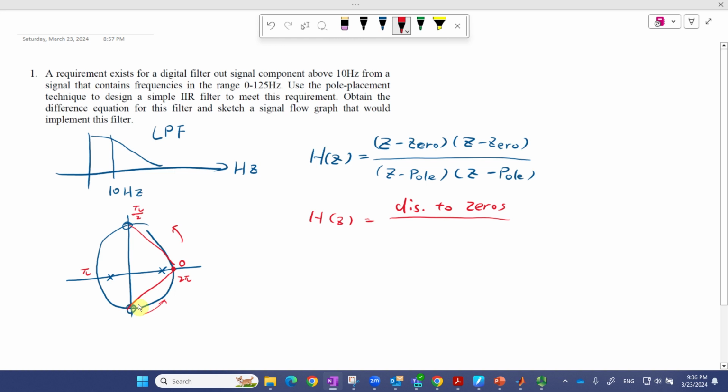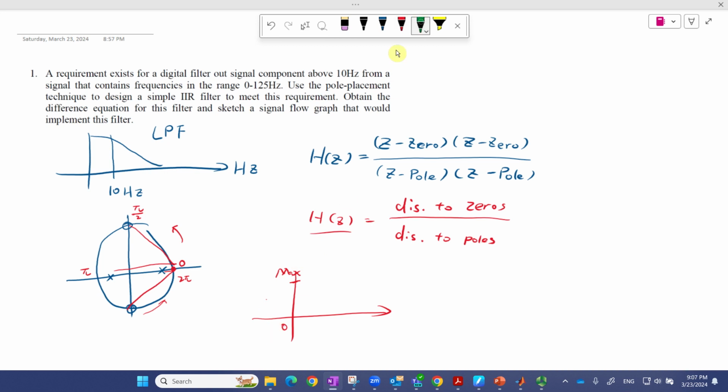The distance to zeros is this. It's pretty large, and it is divided by the distance to poles. The pole is closest here. So at this position, as a beginning point, when the frequency equals 0, we get the maximum amplitude.